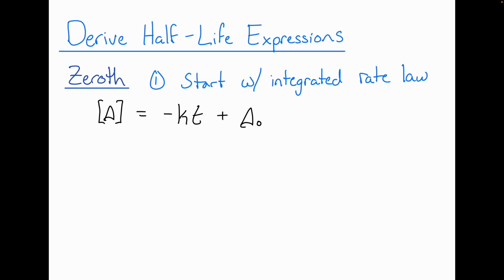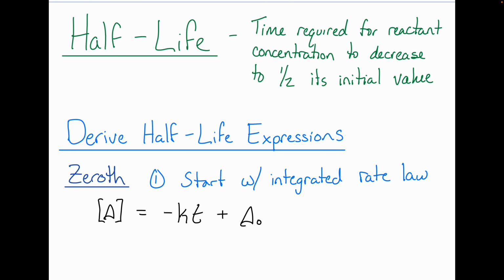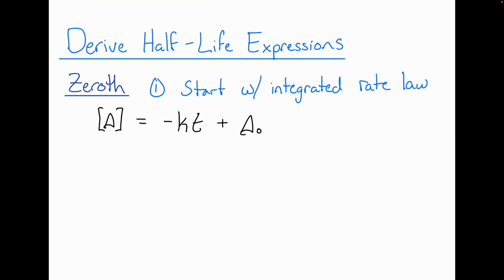Just like before, this is similar to what we just did, where we need to solve this for t. But now we need to think about what our concentration of A is going to be here. We need the time required for the reactant concentration to decrease to 1/2 its initial value. So what should my concentration of A be if it's 1/2 its initial value?